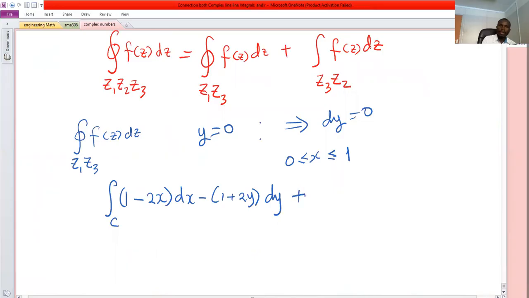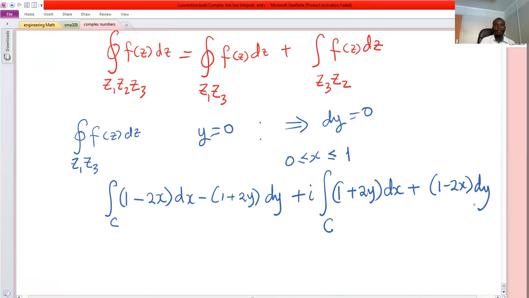And then plus i, 1 plus 2y dx plus 1 minus 2x dy. So in this one here, along this path, we have integral 0 to 1 of 1 minus 2x dx.